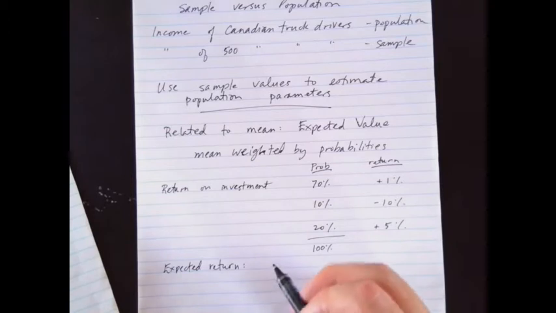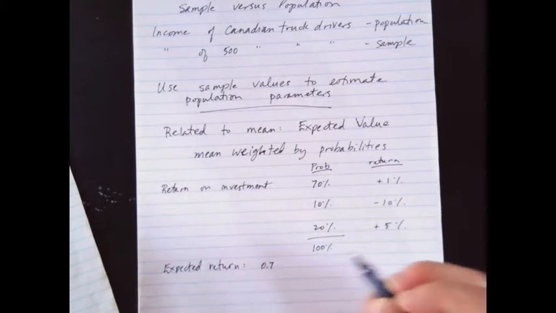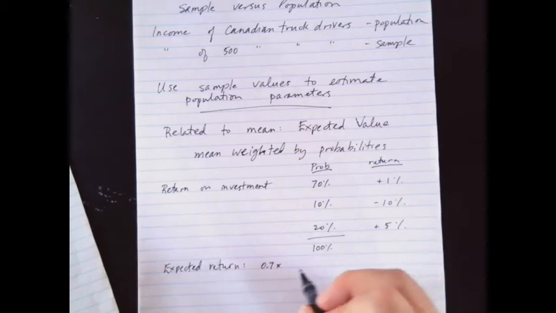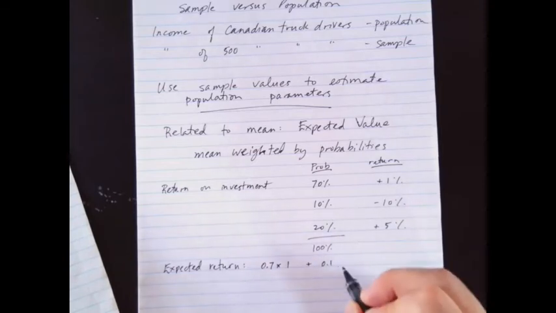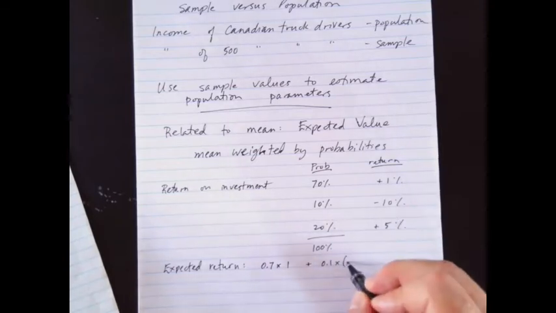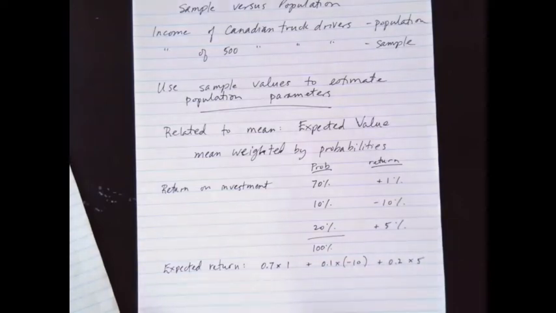So it's going to be, now 70%, we write that as 0.7, so 0.7 times 1, plus 10% is 0.1 times minus 10, plus 20% or 0.2 times 5.